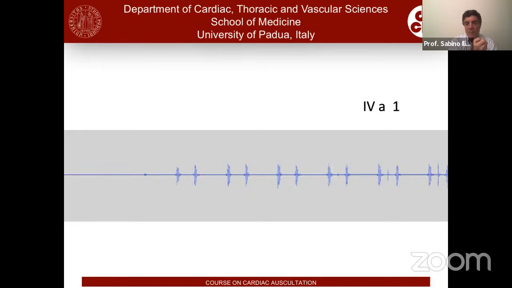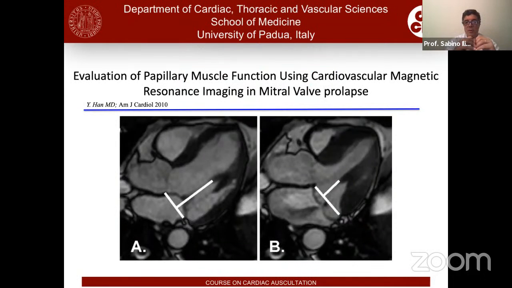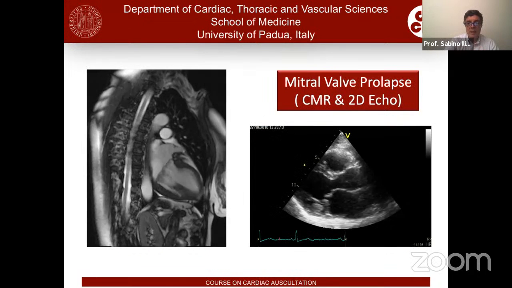When mitral valve prolapse was identified by Professor Barlow, it was named the click syndrome, because at the beginning, the diagnostic marker was the click. And the click is the result of tension of the mitral leaflets when they go in like this, in this protrusion. When they protrude, like here, they produce a click.